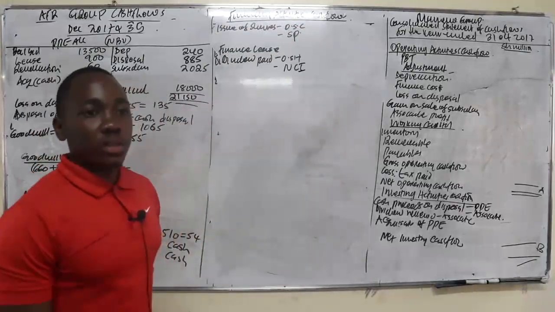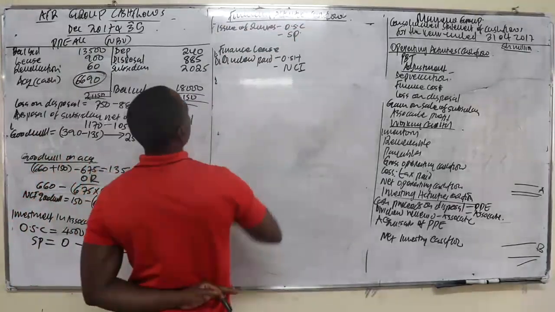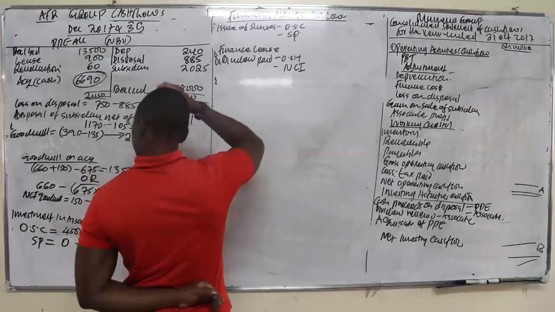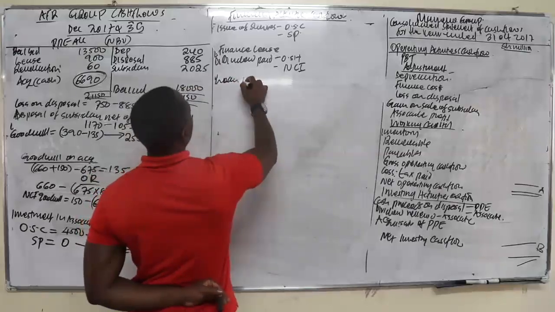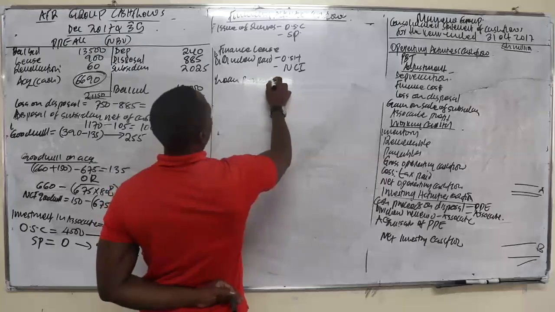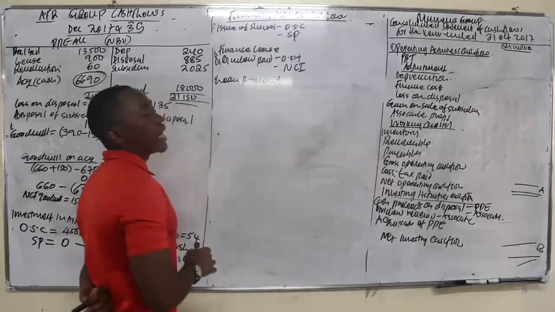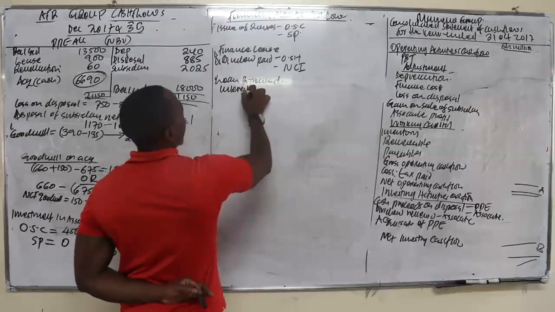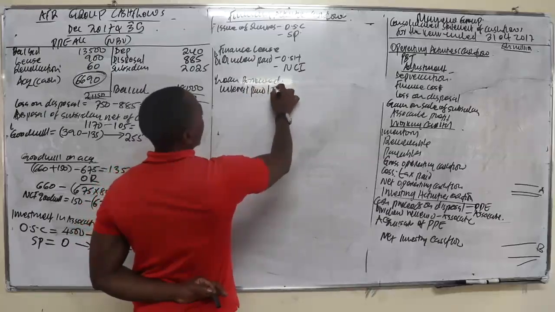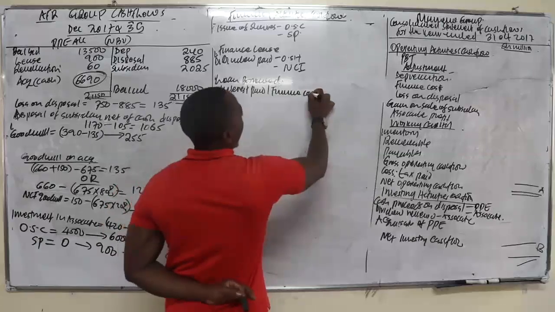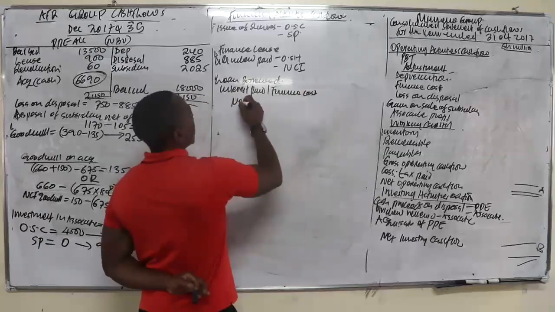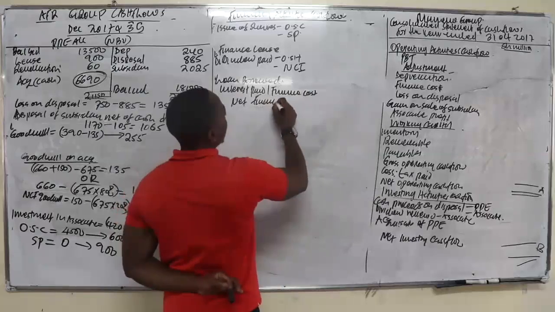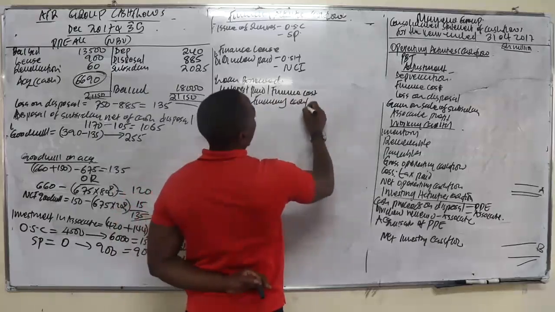Did we issue any loan? Loan borrowed. Do we have any loan? Loan borrowed. And then we have interest paid. Interest paid is part of finance cost. And that's how you get your net financing cash flows.